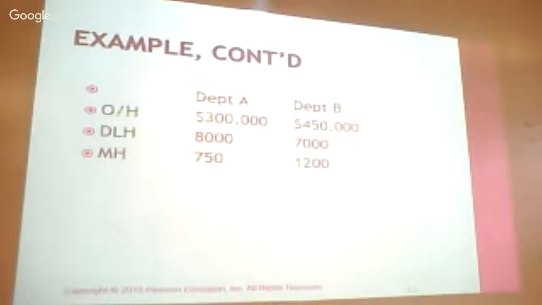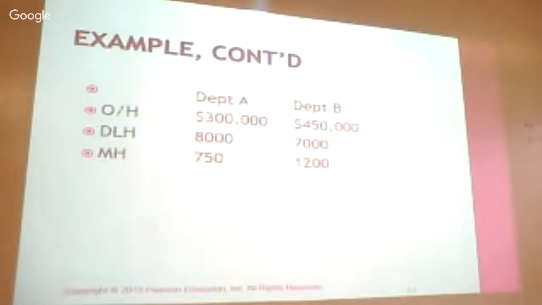I'm sorry? 37.5? $37.50 per hour. Okay? So I take the 300,000, I divide it by the 8,000 labor hours, and I get $37.50 per hour. That's per labor hour. I don't care about the machine hours for Department A.